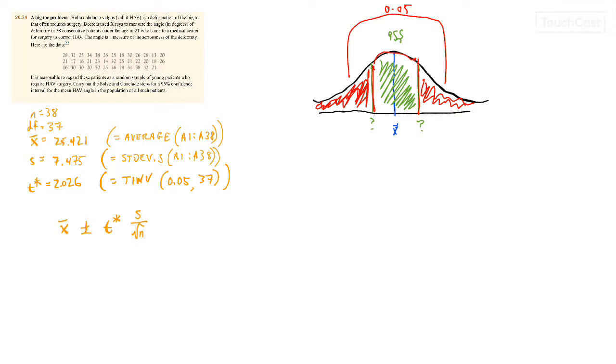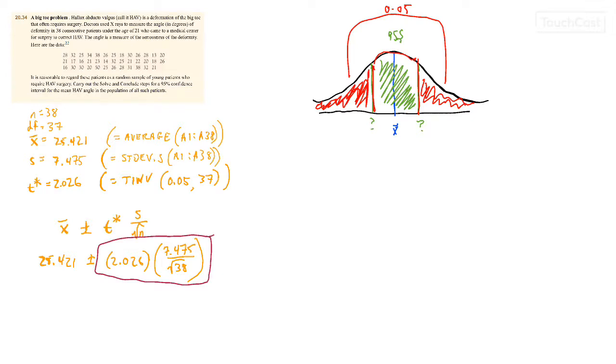And when I do that, I should get 25.421 plus or minus 2.026, that's my critical value, times the standard deviation, 7.475, divided by the square root of 38, excuse me, the sample size. And I can work through the math here. I'll just work one side of this just to keep things simple.